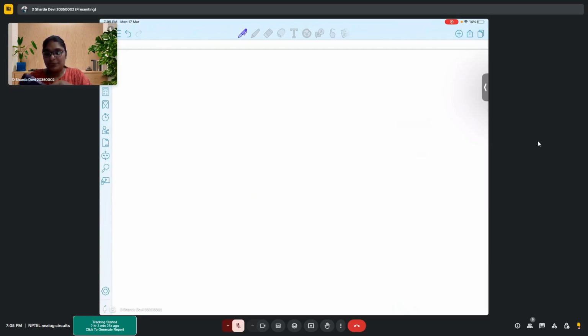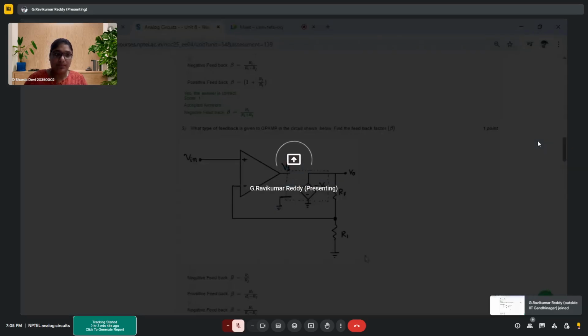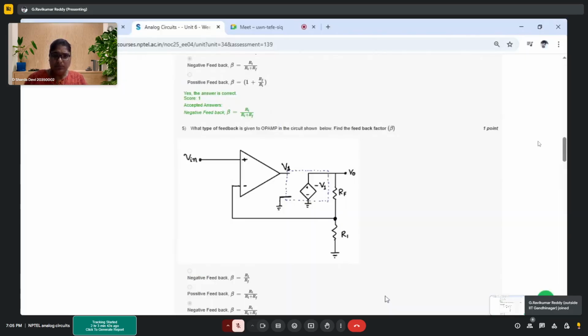Yes, please do. Problem is visible, madam. This question number 5 asks what type of feedback is given to the op amp in the circuit and to find the feedback factor beta.